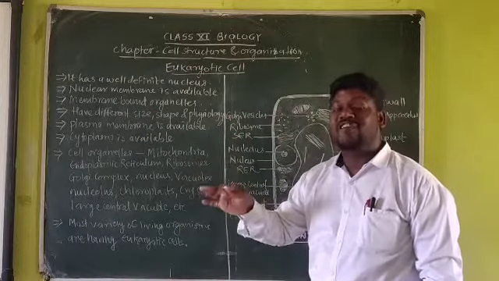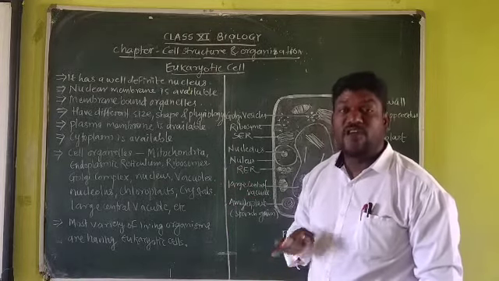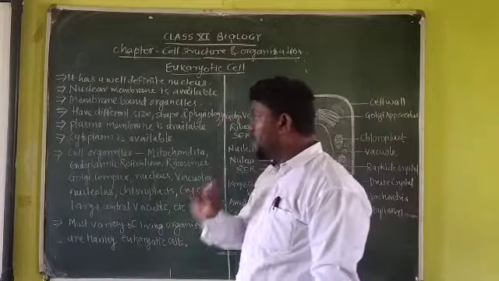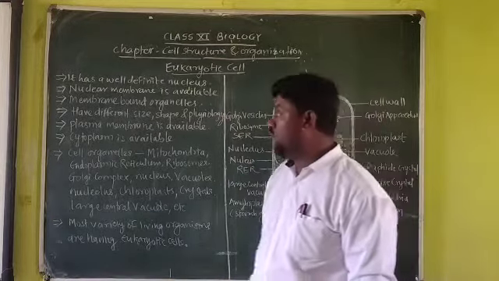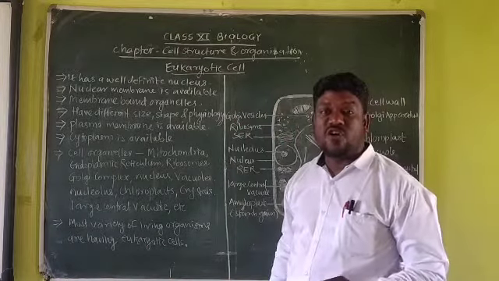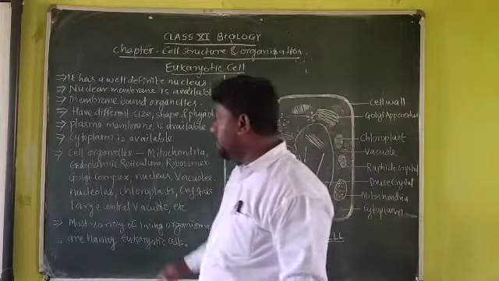In prokaryotes there were organelles inside the cell, but there was no membrane for the particular organ. But in eukaryotes there are membrane bound organelles. All the organs have a particular membrane, a covering.